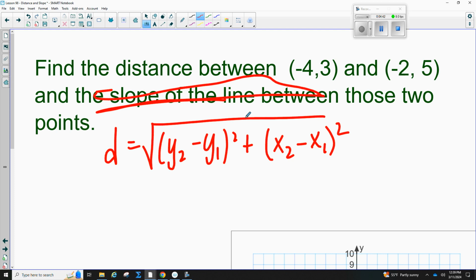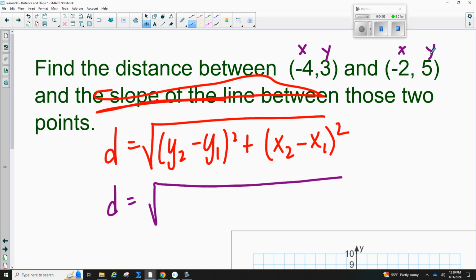Okay, so I am going to do distance equals the square root of. What is the second y? Yes, so don't forget these are all x, y coordinates like always, okay? So it's 5 minus 3 squared. Okay, so I'm doing the second y minus the first y, plus, what's the second x?